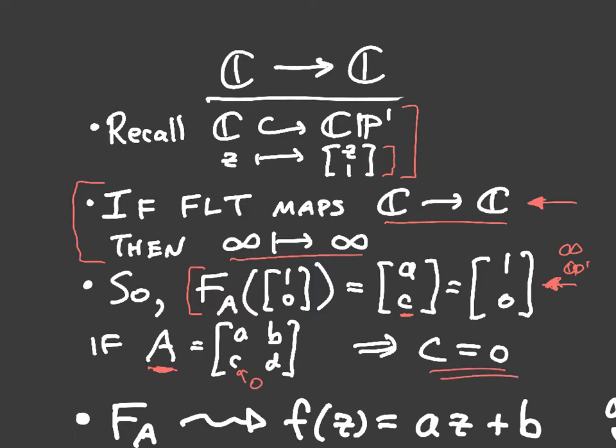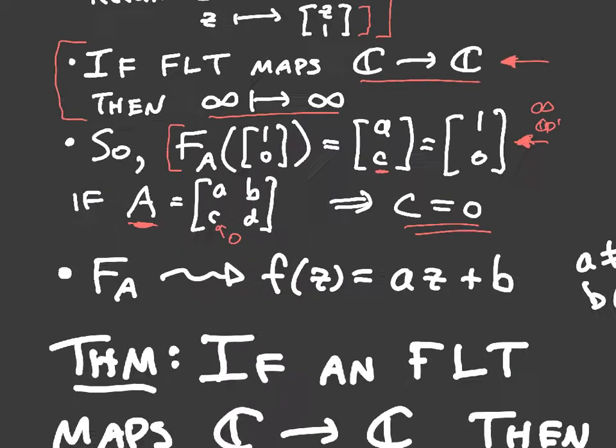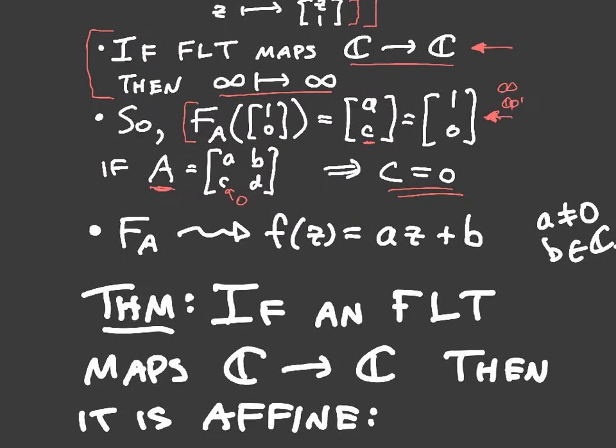And from this we get pretty quickly that the corresponding function from C to C is going to be just an affine function. So if we write out little f, it'll be az plus b if we normalize so that little d is 1, which we can do.